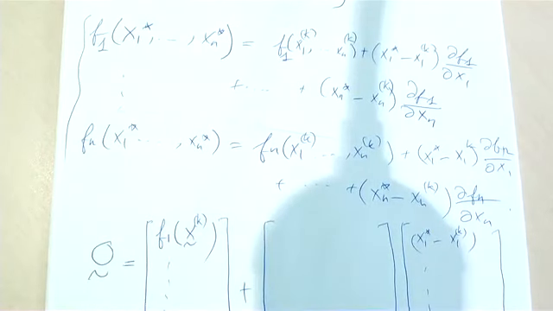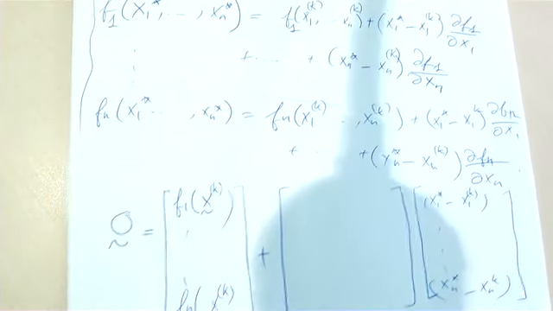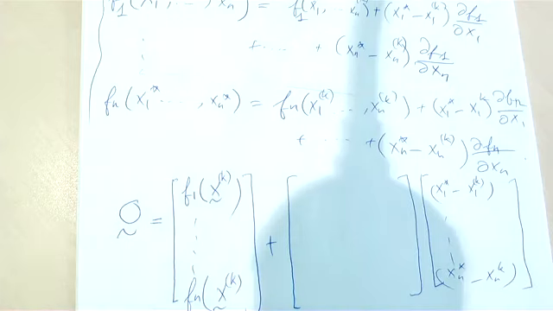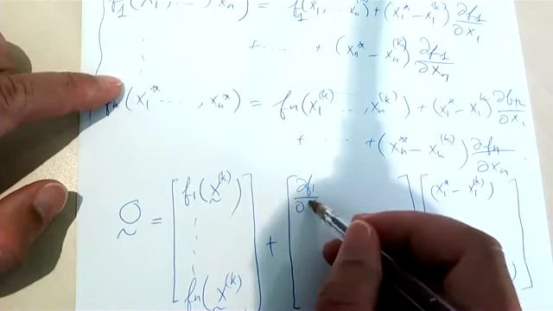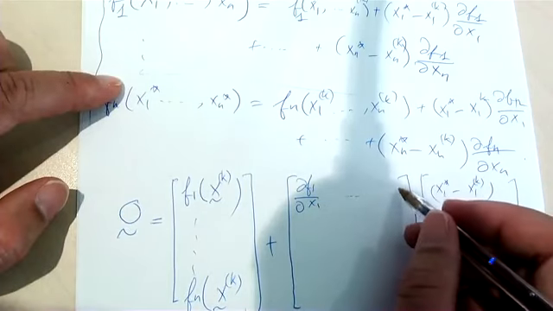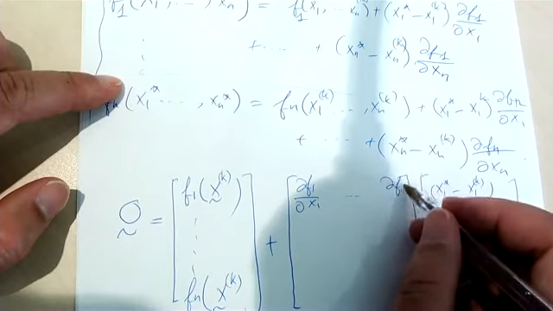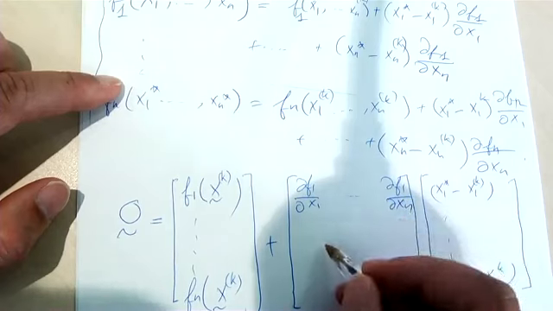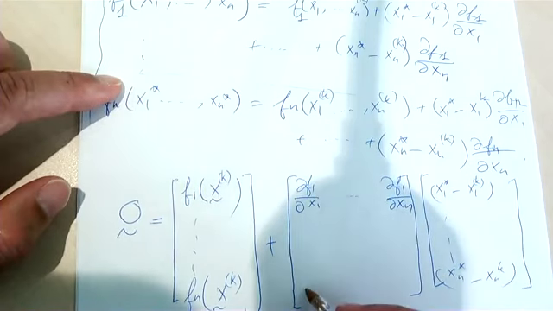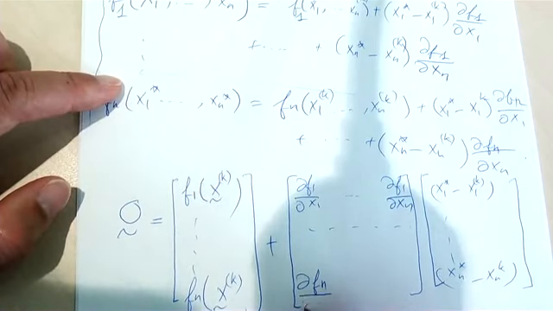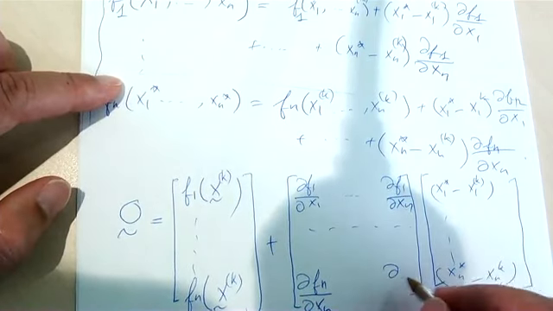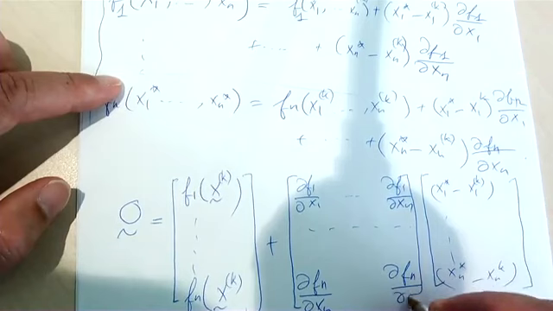Okay? And so what is the matrix? The matrix is just partial f1 with respect to x1, yeah? Partial f1 with respect to xn, and then partial f2 and so on. The last one is partial fn with respect to xn, and partial fn with respect to xn.